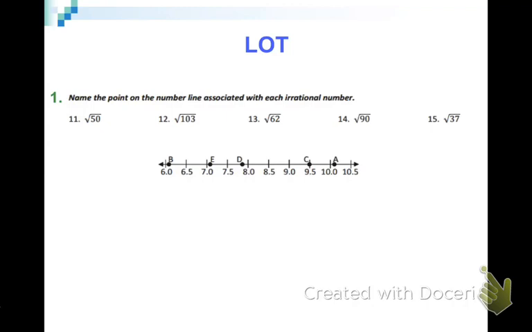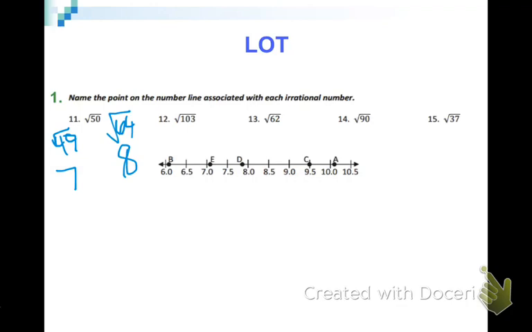All right, welcome back. Let's go ahead and check our answers here for this LOT. The first one, I know it says number 11, but the first one, the square root of 50. I need to figure out where that would fall on the number line by estimating the square root. I know that the square root of 50 is close to the square root of 49, and also close to the square root of 64, and I know that those answers are 7 and 8.